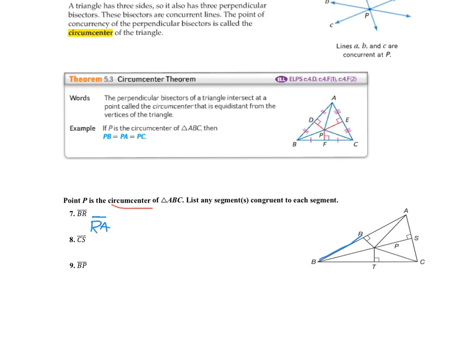Segment CS. So segment CS here, if P is the circumcenter, then SP is our perpendicular bisector. If SP is a perpendicular bisector, then AC is bisected in half, meaning that SC is the same as SA.